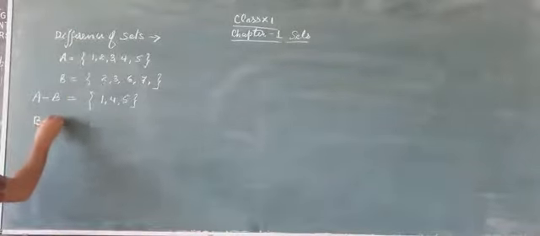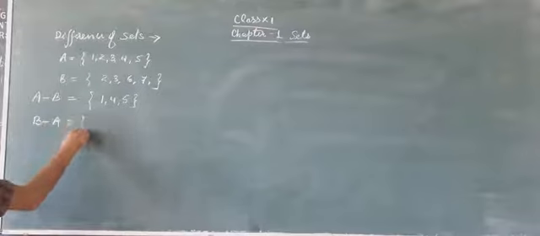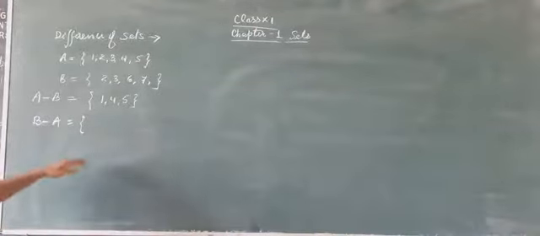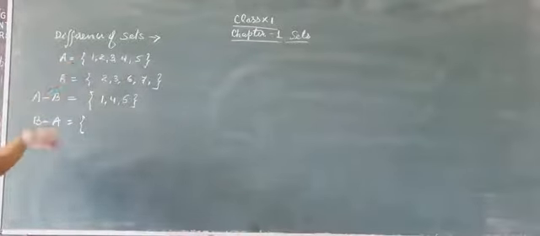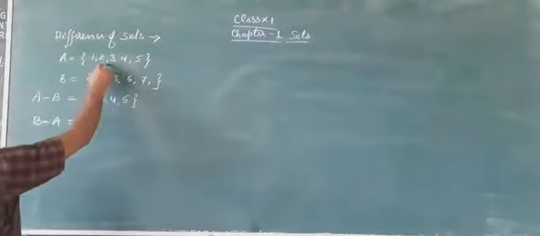Suppose we have to find B minus A. So we will check the elements of B which do not lie in A. So 2, 3 is the common.